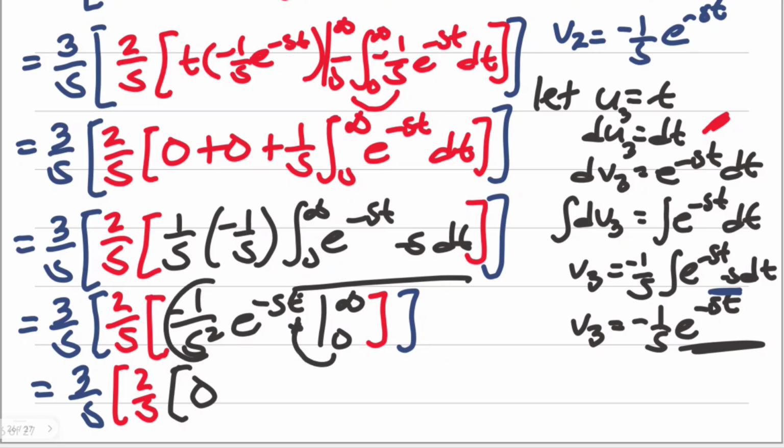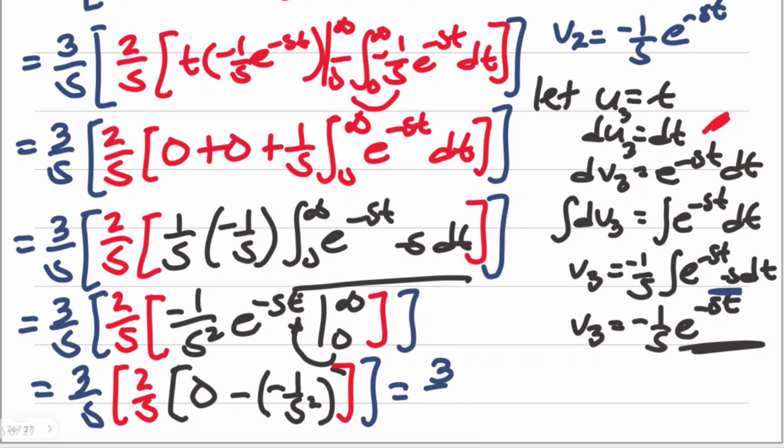We don't have t in this case. So e to the power of 0 is just 1, so you have here minus negative 1 over s squared. Pardon for a very long process, which would give us this final form: 3 over s times 2 over s times positive 1 over s squared.